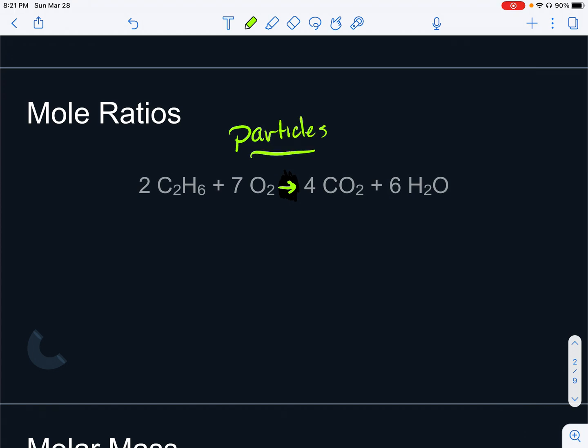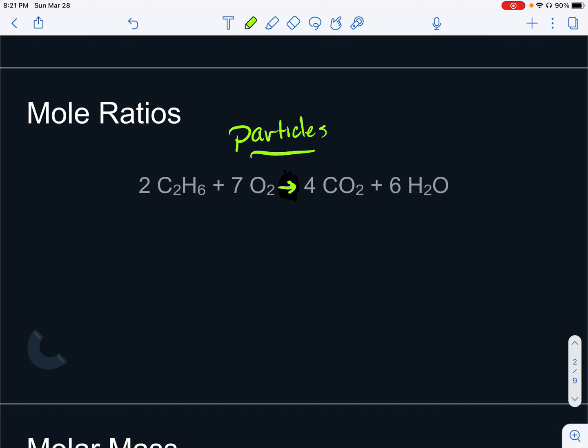The problem here is that number of particles is not something we can directly measure. We can measure mass, we can measure volume, we can measure all sorts of things, but we can't directly measure particles. We'll get to how we make that conversion in a moment, but it's an important skill to be able to look at an equation and identify the mole ratio.